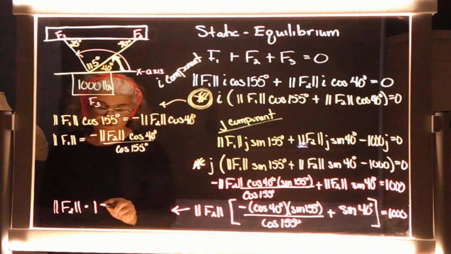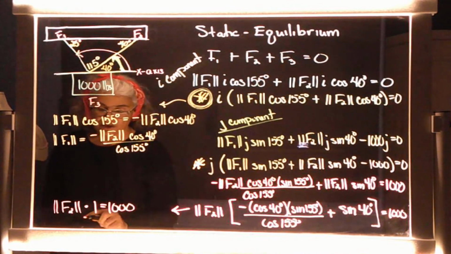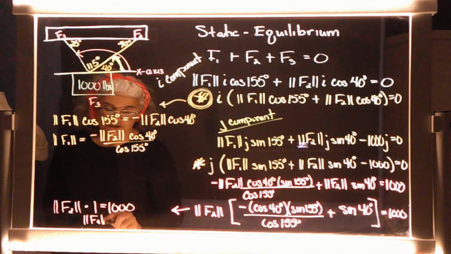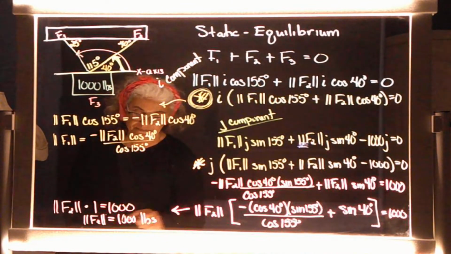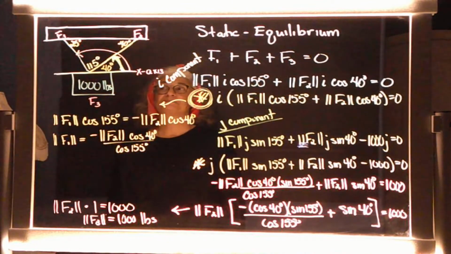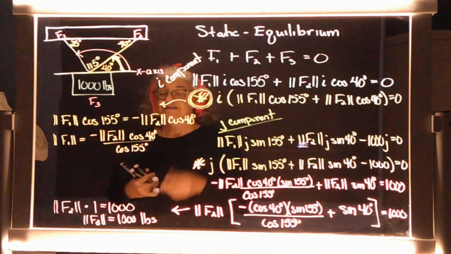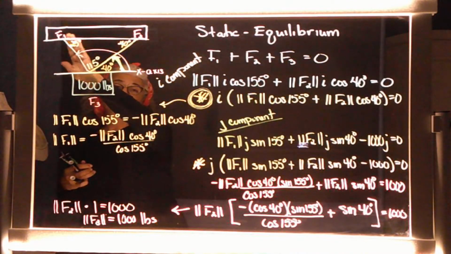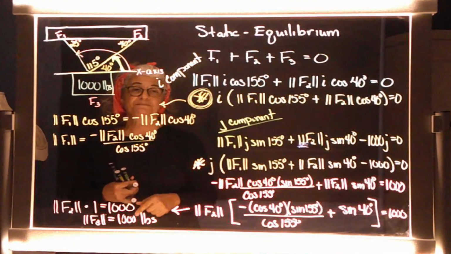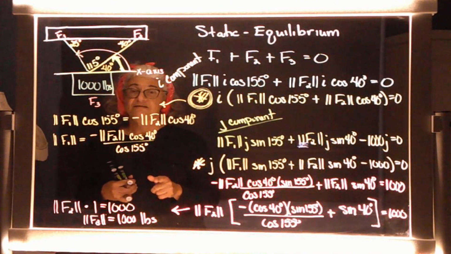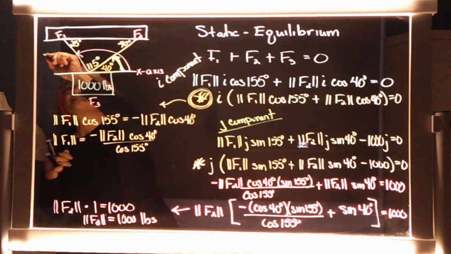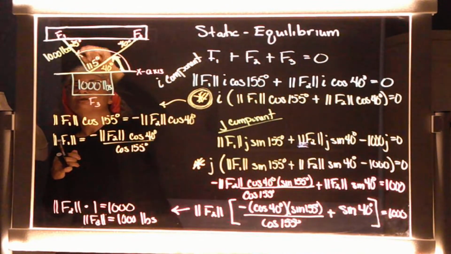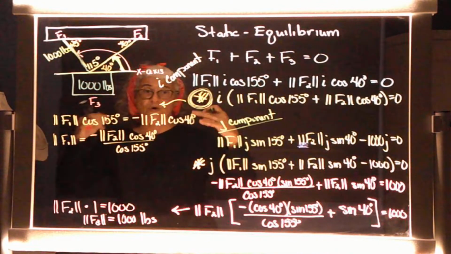That whole bracket goes to 1 equals 1,000, which means the magnitude of F2 is equal to 1,000 pounds.